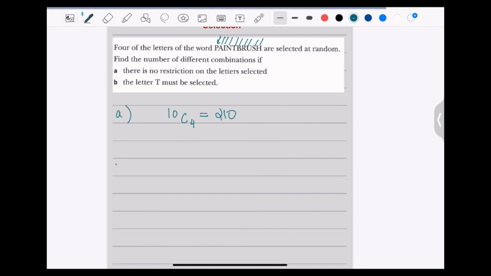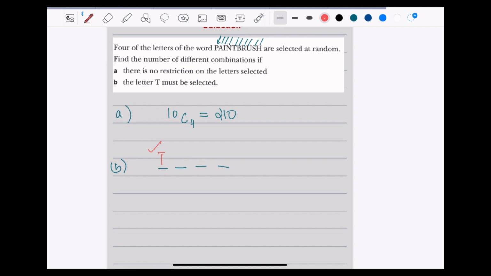For part B, the letter T must be selected. So out of those, I need 4 letters, and in those 4 letters, T has to be selected. T is already there, so I do not have to count that in my pool of choosing events. It is already selected, I'll place it here.